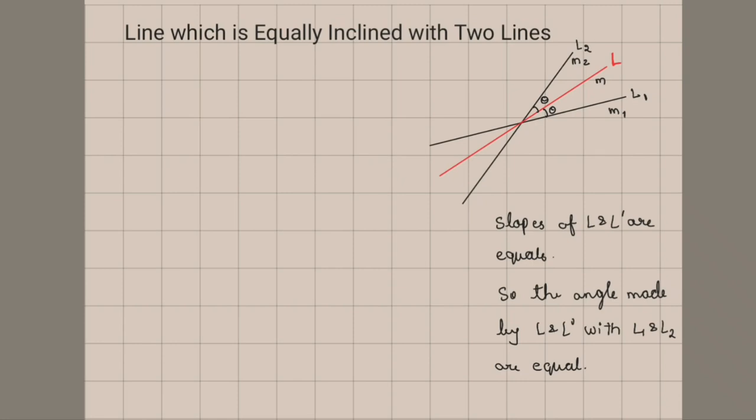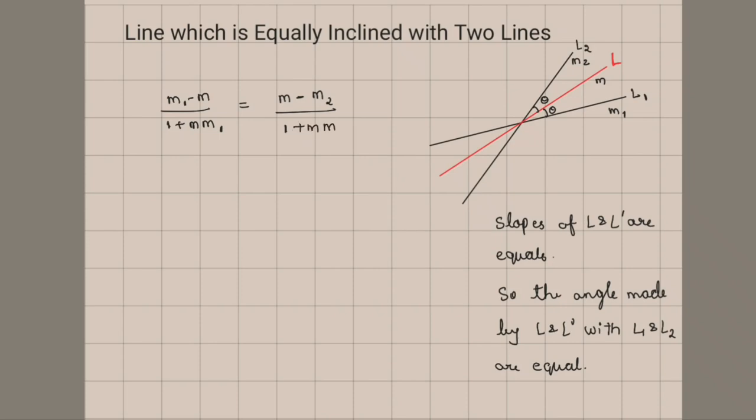We know that tan theta is nothing but M1 minus M by 1 plus M into M1, which is the angle between L and L1. Similarly, the angle between L2 and L is M minus M2 by 1 plus M into M2.